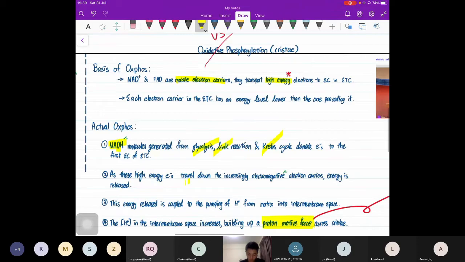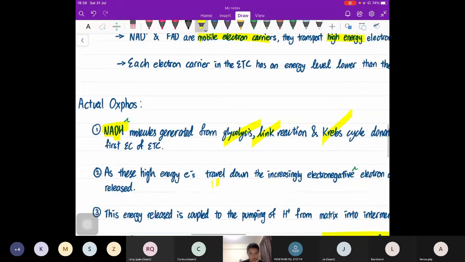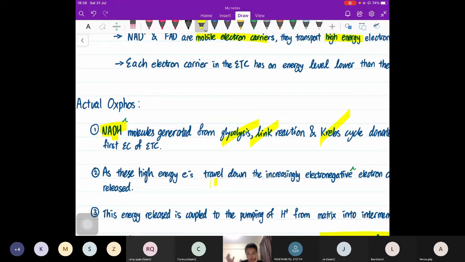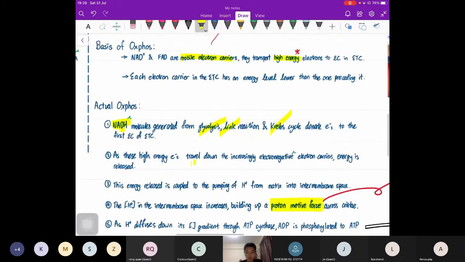Some schools don't talk about NADH; they refer to it as reduced NAD. Both are perfectly okay. And some of you might ask, why am I only talking about NADH molecules, and why am I not talking about FADH2 molecules in this step 1?